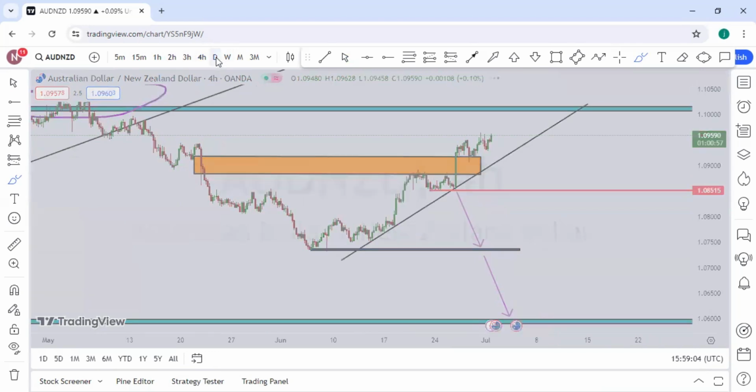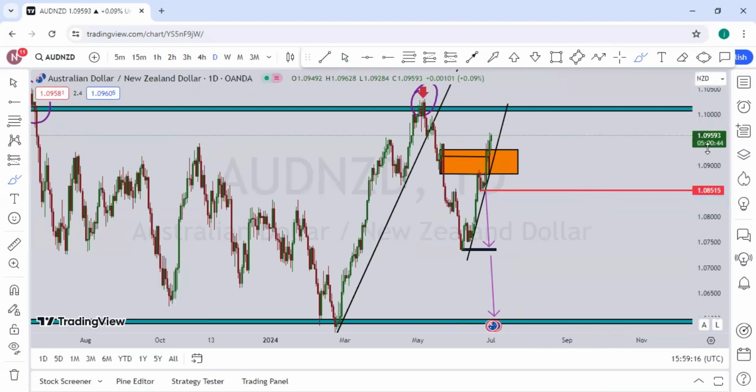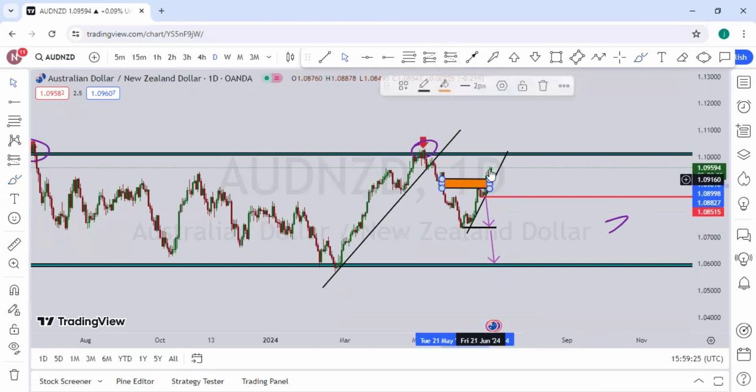So the next thing I'm waiting to see on this trade, I'm going to watch on the daily to see what reaction. Let me remove this one.